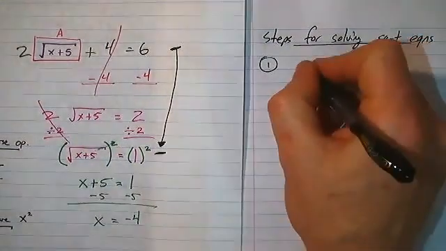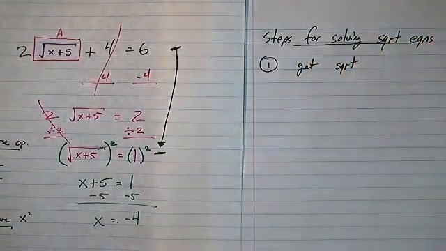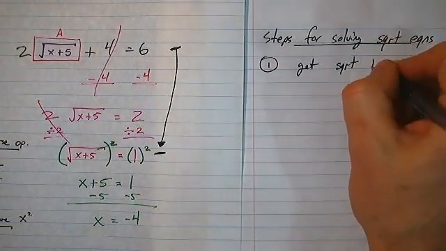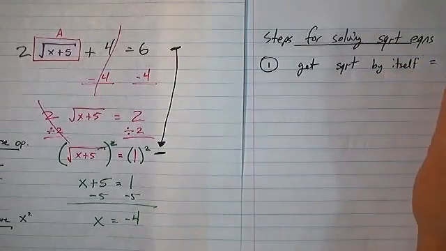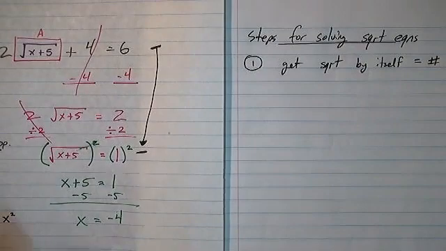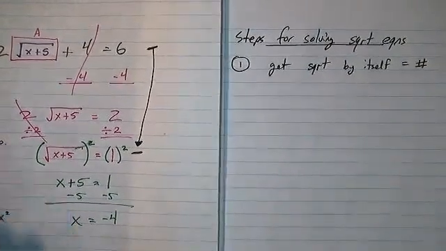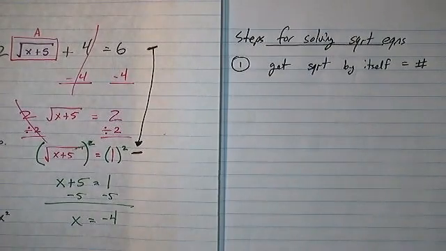Okay, so get the square root, I hope you're okay if I'm abbreviating square root like that, get the square root by itself equal to a number. In fact, if you think about what we talked about in yesterday's notes, when you get something by itself equal to a number, what you're doing is you're solving.